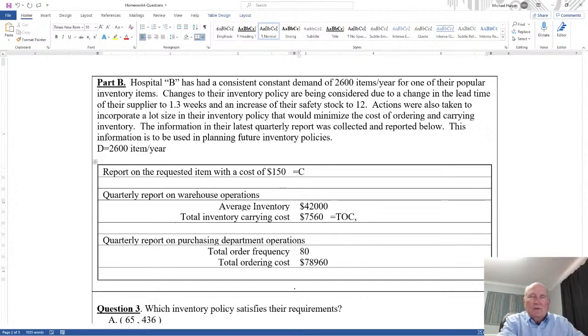Okay, so then what then would be our carrying cost then? Well, this is in dollars. So I used I to be the indicator of carrying cost per dollar, items per dollar per time period. Well, this is per quarter. So here I have the average inventory and the total carrying cost.